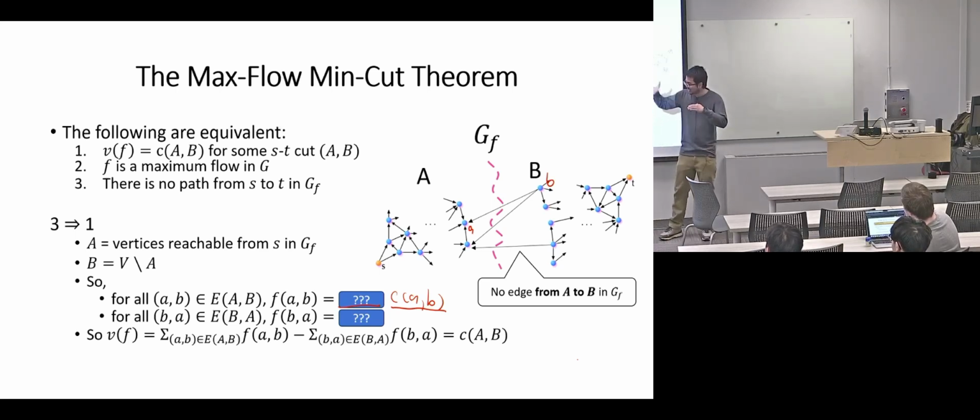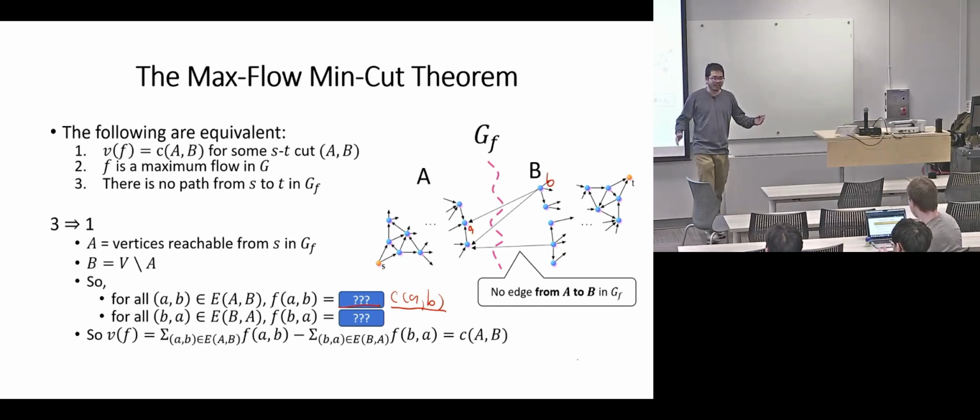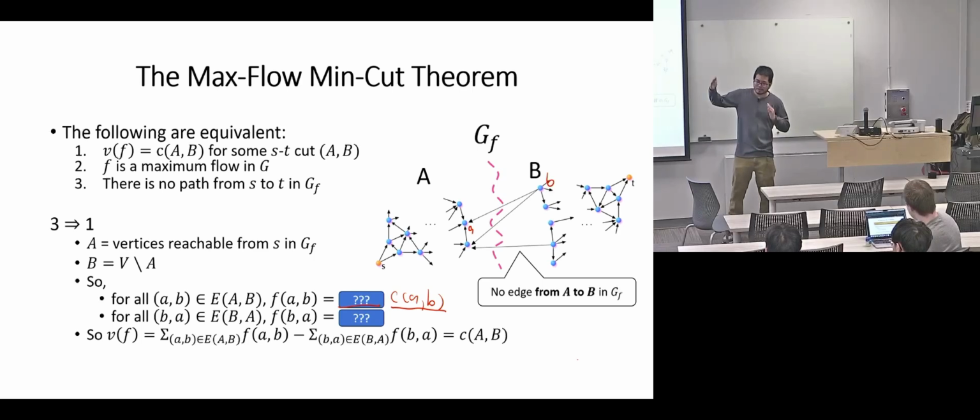Because this cut cannot go below the value of Maxflow, but it does reach the value of the flow. So this cut must be the minimum cut in the whole graph. You know that for any flow and any cut, the flow is lower than the value of the cut anyway.